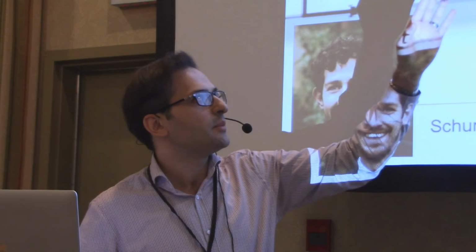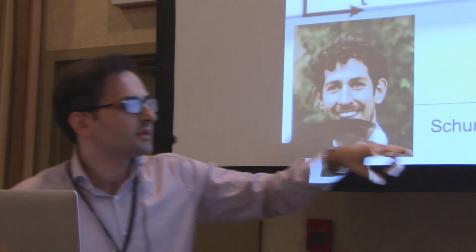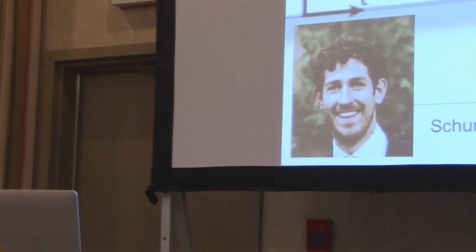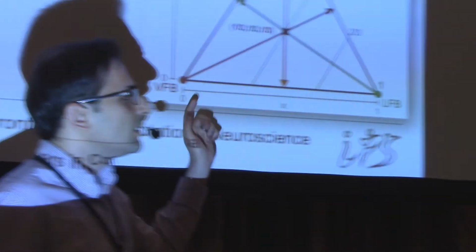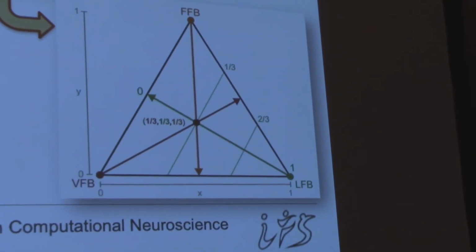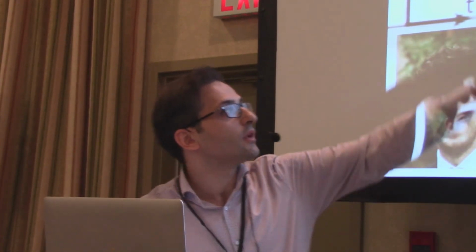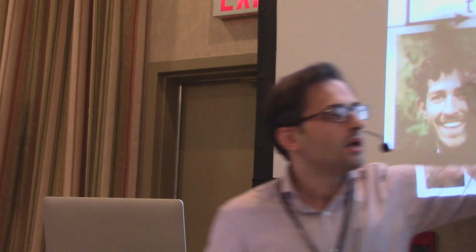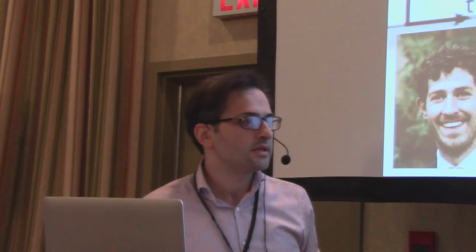If one of them is 1, the others are 0, it means that you just use one value. To make them comparable, within this triangle you can define, with the distance to different points, how important this reflex is. And within this, the summation will be 1. We also have other gains like GL, GB, and GF, which are for normalization.